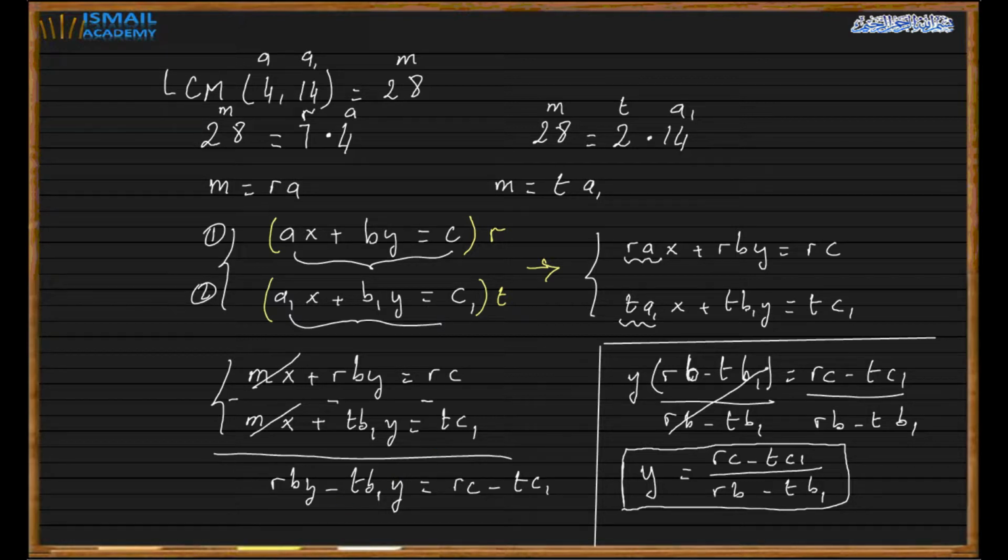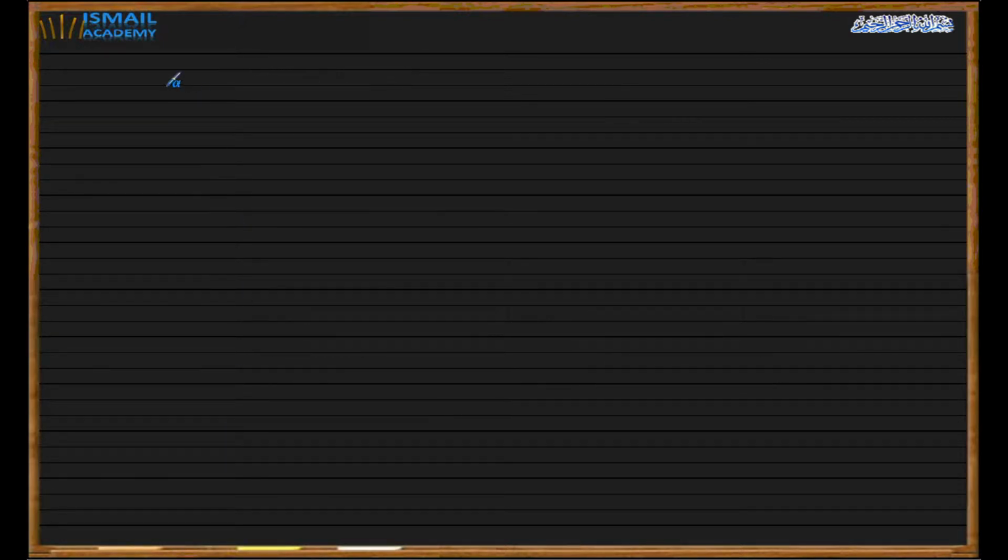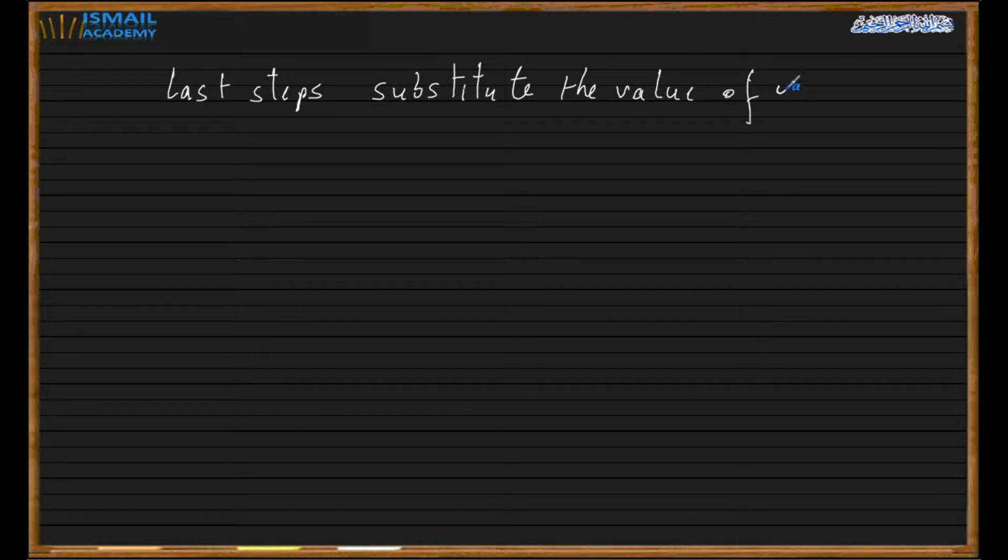So the last step is to substitute the value of y into one of the equations. Any equation you want, either the first one or the second one, it does not matter.